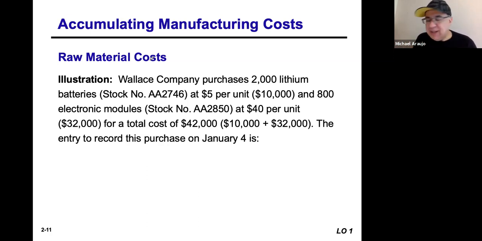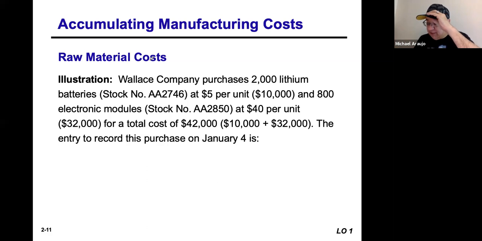There are two basically major steps in the flow of the costs in manufacturing. The first thing is we start accumulating all those costs, which is what we do with raw materials and factory labor, et cetera. And then we assign them. Once we start working on something, we can assign what raw materials are used there, what labor is used there, what overhead is used there. So this is the accounting that you're learning right now.